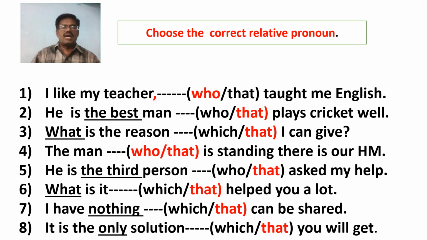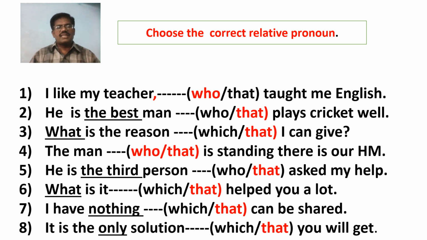So whenever we have ordinals in the antecedents, we prefer to use the relative pronoun that. So we have used that. And in the sixth example, after interrogative pronouns, that is what or who, we prefer to use that. So the right answer will be that.